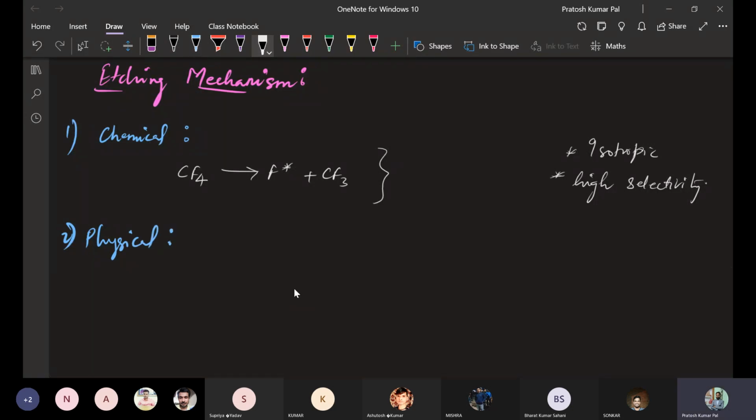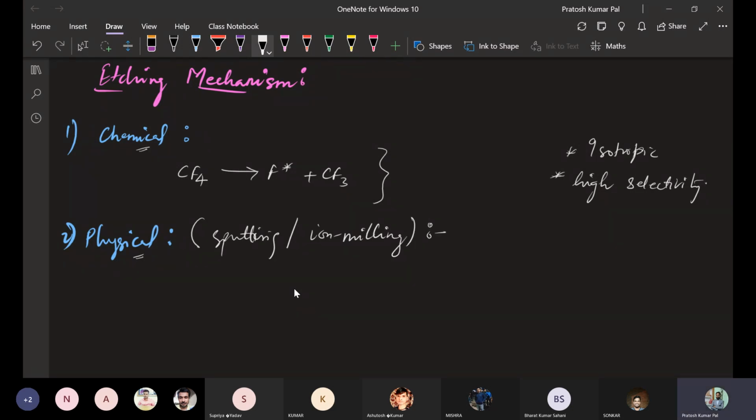The next method is called physical. So in dry etching, one type is where a chemical reaction takes place. One will be of the physical type. This physical type is also called sputtering, or the ion milling process.